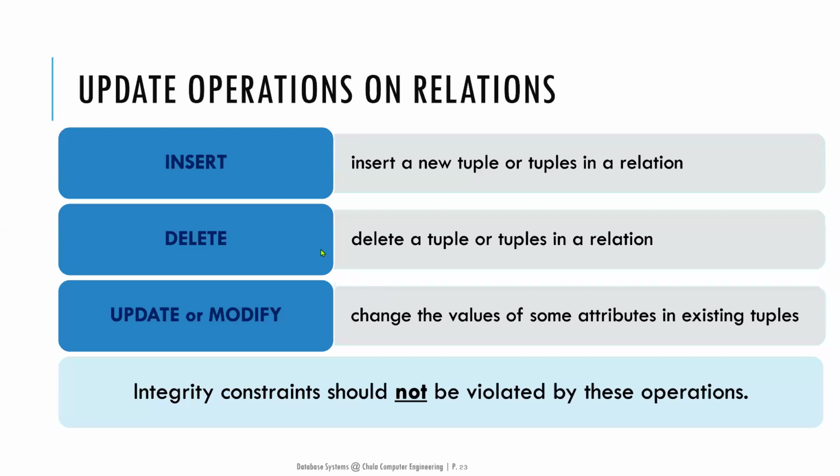So you can insert a new tuple, delete a tuple, or change the value of an existing tuple. All of these operations may violate the database, but you have to make sure that when you operate on any of these, you do not violate the integrity constraints.